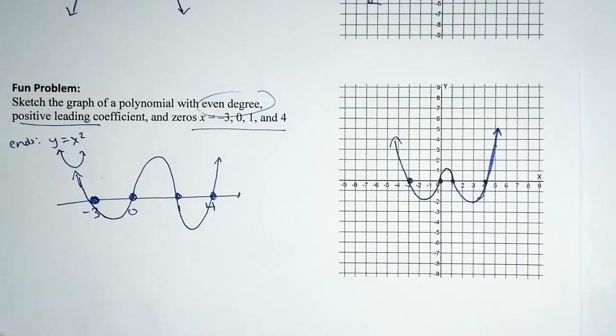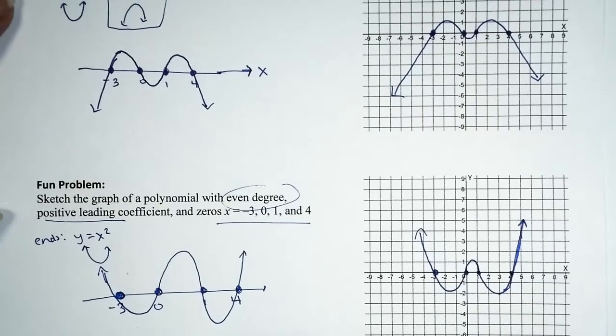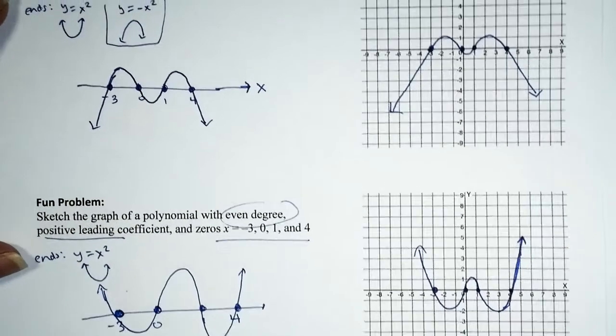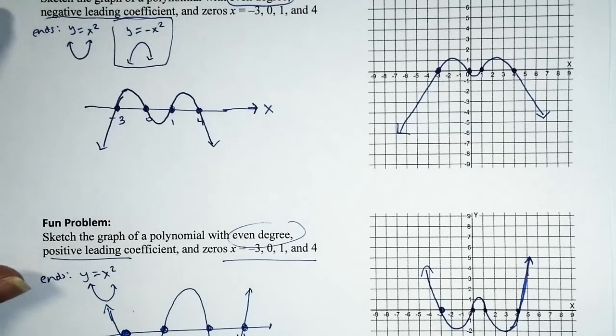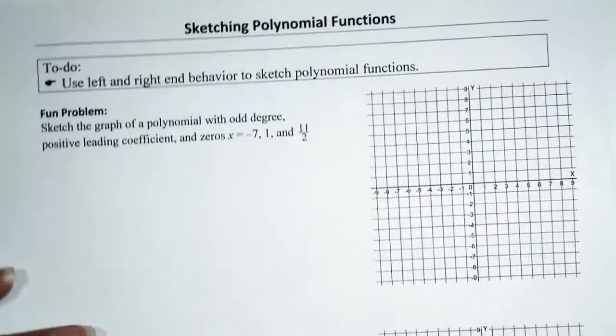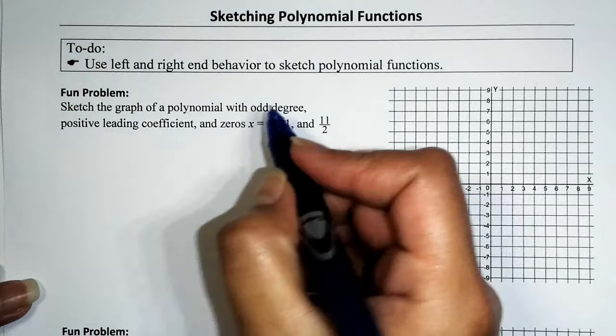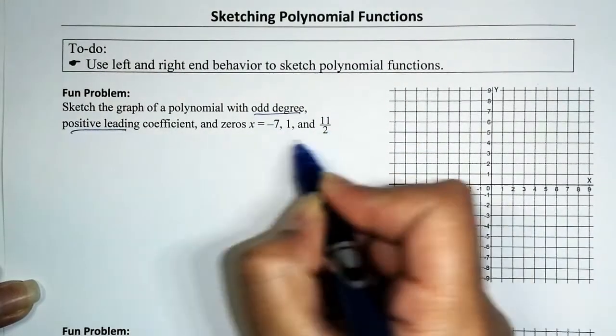So we looked at both case scenarios for even degree, positive leading coefficient. We're going to look at both case scenarios, positive and negative leading coefficient, but in this case the polynomial will be of odd degree. It says: sketch the graph of a polynomial with odd degree, positive leading coefficient, and zeros you can read.